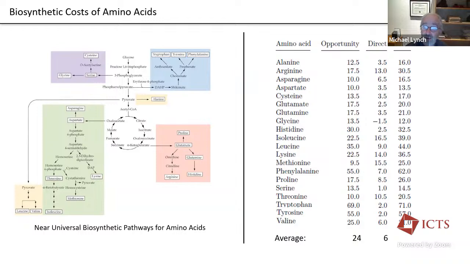So this can be done for common molecules like amino acids and nucleotides, but there's lots of other organic molecules inside cells where we don't necessarily know the biosynthetic pathways, and the pathways might even differ among different organisms. That's actually true for the pathways that I've been talking about up to now. There are variants in different lineages. There can be non-orthologous gene replacement in the genes involved in these different pathways, but that will end up giving us about the same results.